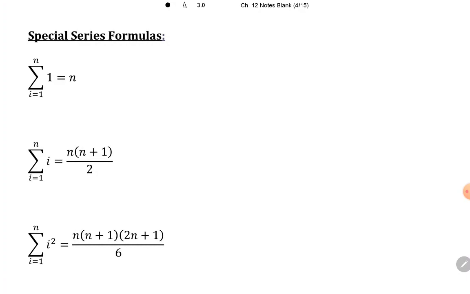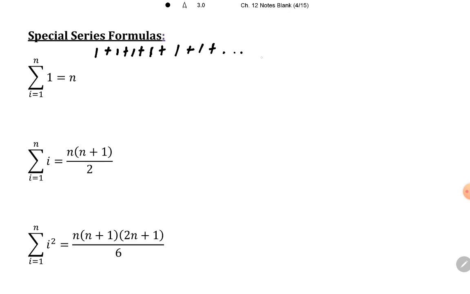Alright, and then we got some special series formulas. So this one here is the series 1 plus 1 plus 1 plus 1 plus 1 plus 1 plus dot dot dot.